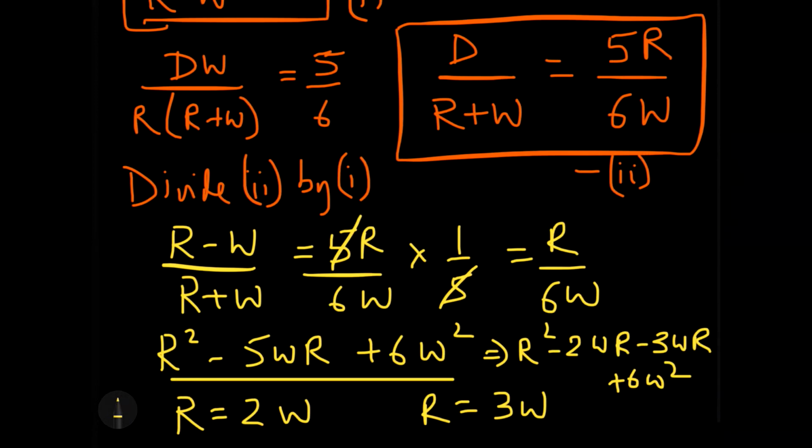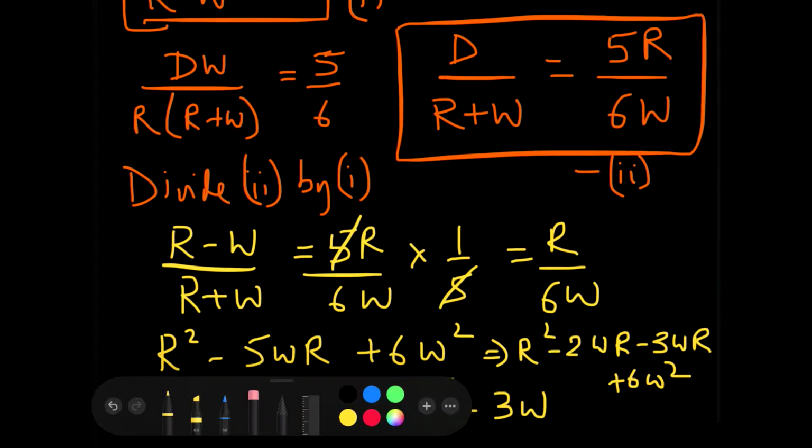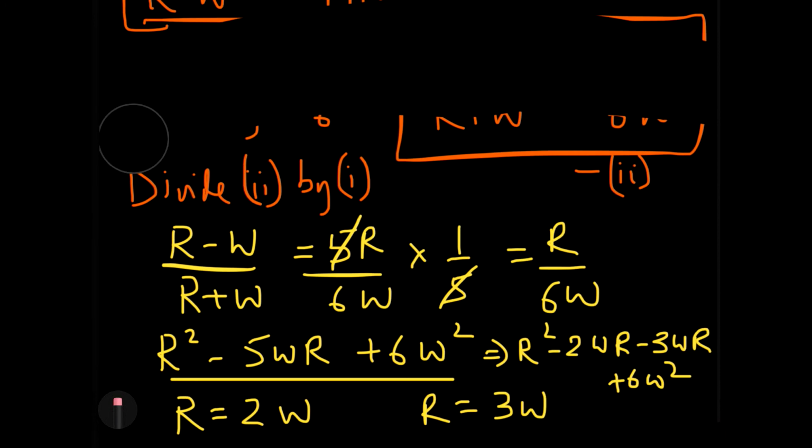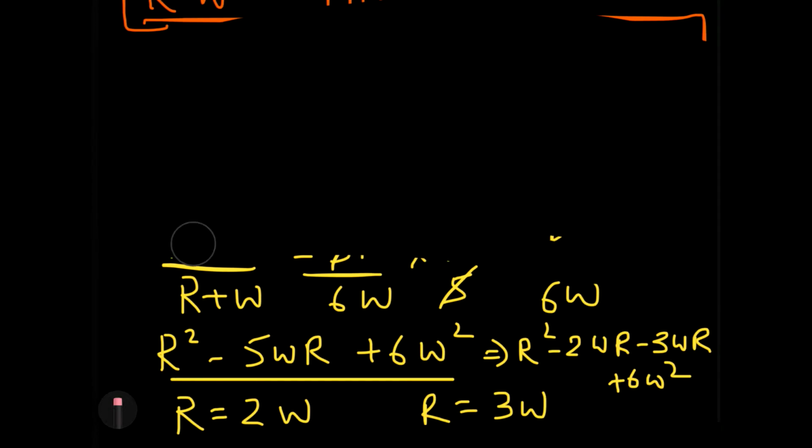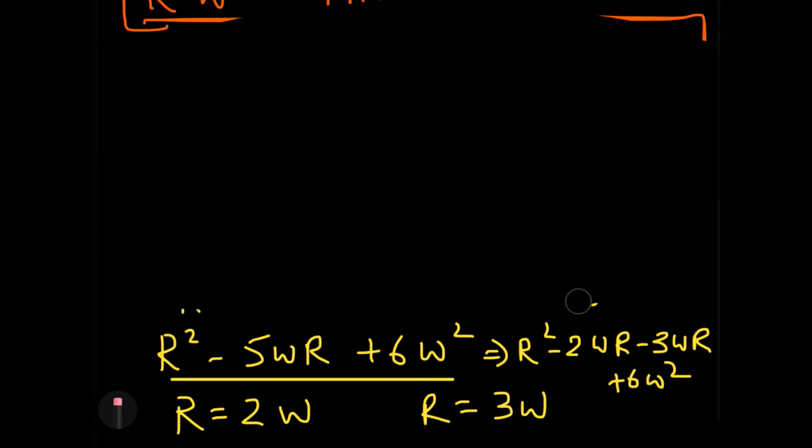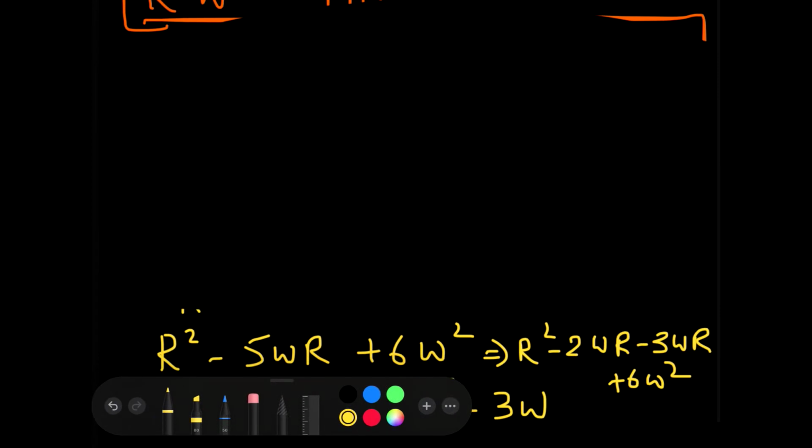Now in this scenario we have two values of r, and depending upon these two values of r we can find out the final time. So if I just erase a bit at the top and use the same space to get the value of the time taken, then we would be proceeding as further.